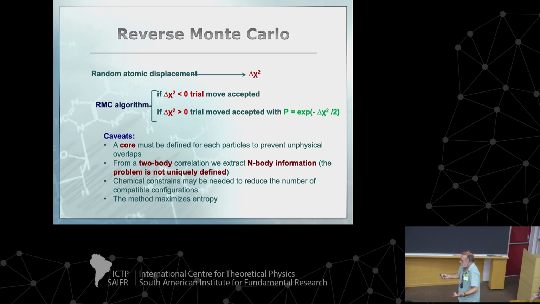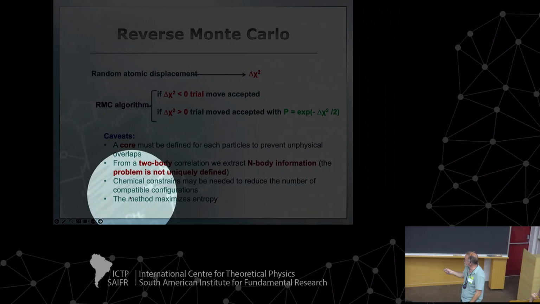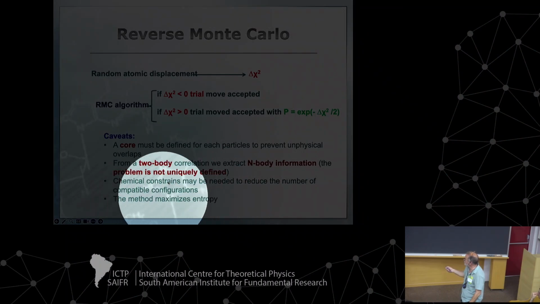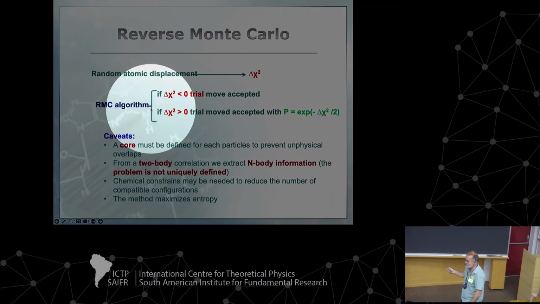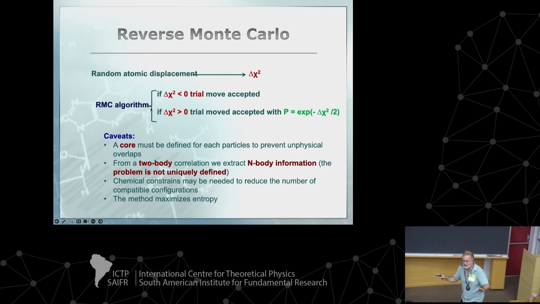But you need additional things, or otherwise you will get multiple answers, right? Why do you get multiple answers? Because this is a method that does not have energy there. It does not minimize energy. It doesn't know anything about energy, right? So what is the quantity that it is actually maximizing? Entropy, maximizing disorder.